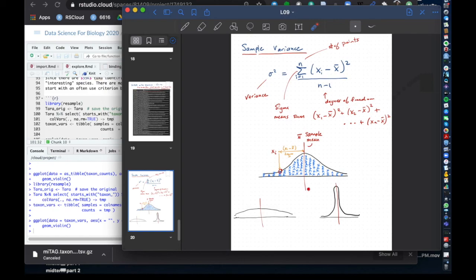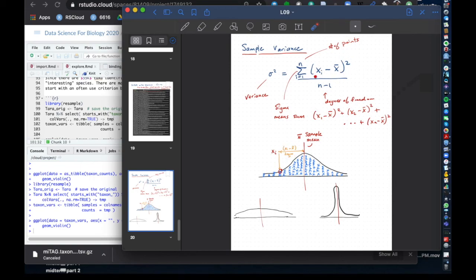So suppose we looked at the distribution of counts like we did a second ago. And each X here is one taxon. We would measure for that taxon the distance from it to the sample mean, and we would square it. Why do we square it?